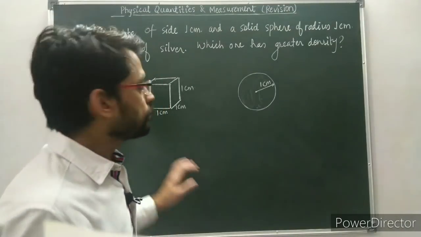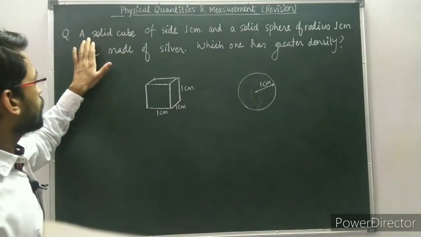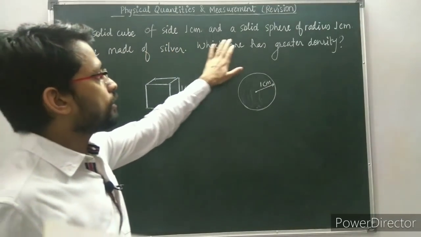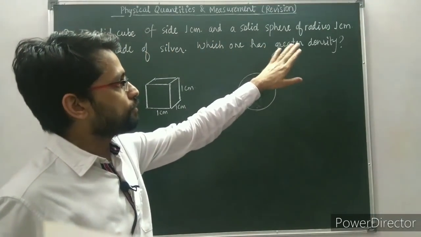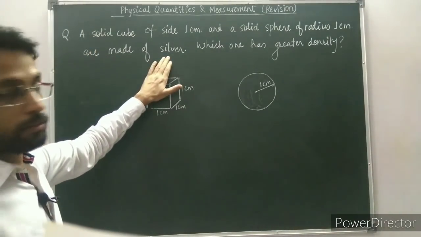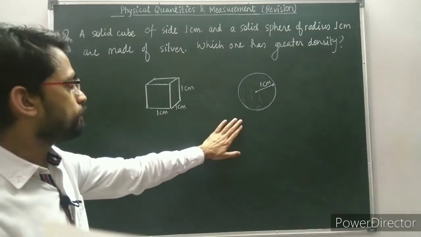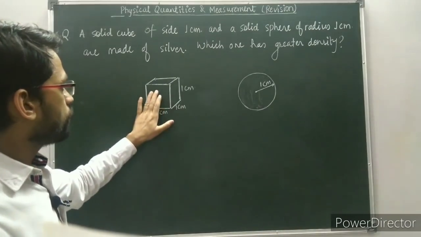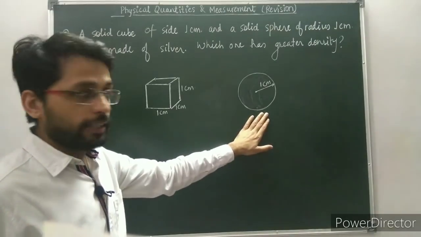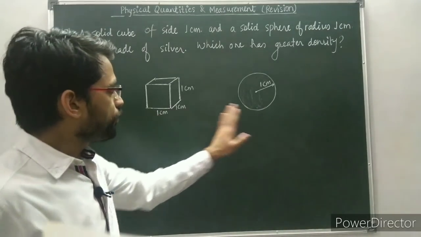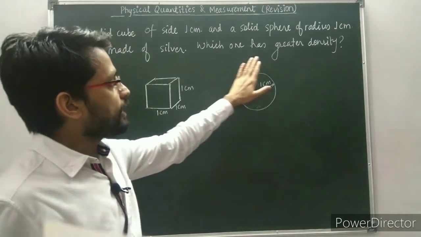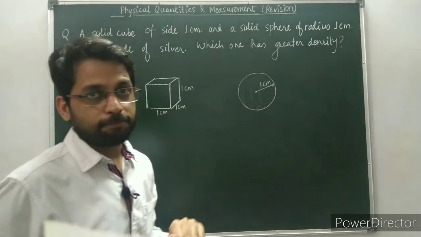Now come to the question. A solid cube of side 1 centimeter and a solid sphere of radius 1 centimeter are made of silver as shown in the diagram. This is the solid cube and this is the solid sphere made of silver. Which one has greater density?